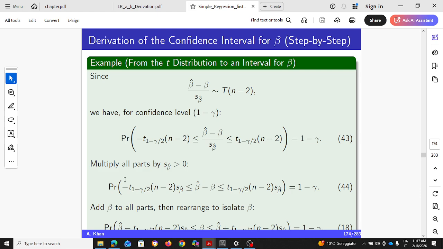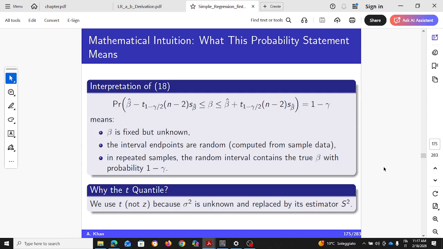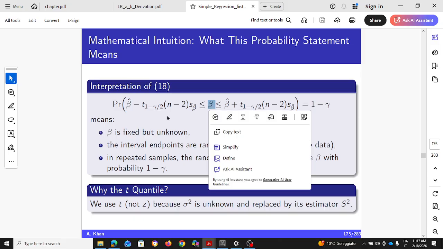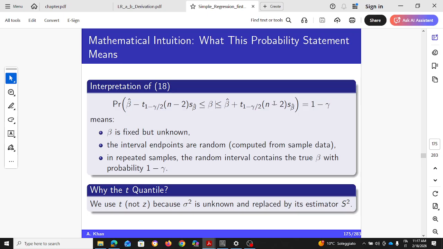So let's take this out to both sides. The final equation gives the maximum and minimum values for the estimator beta, which is the confidence interval. Clear?